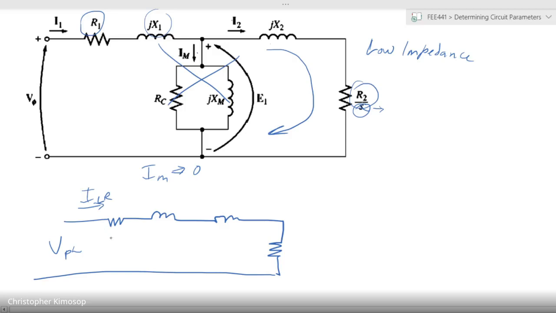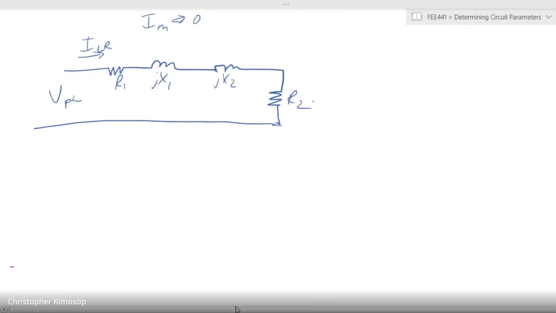R1 is still there, X1 is there, X2 is there, and you have R2. Remember, S is 1. You already know R1, so you can calculate R2. Those would be identifiable from there, right?